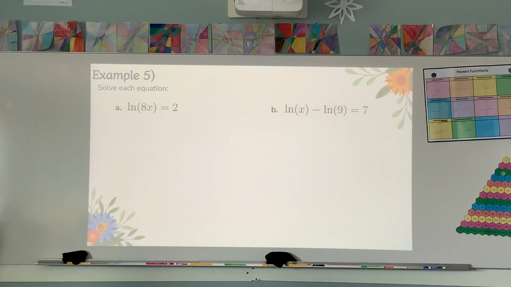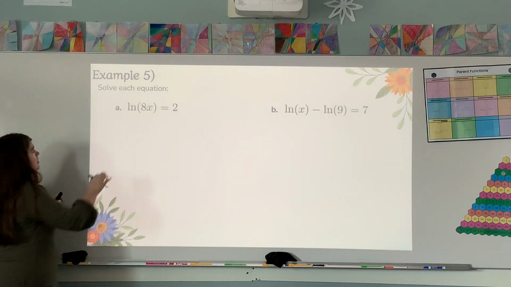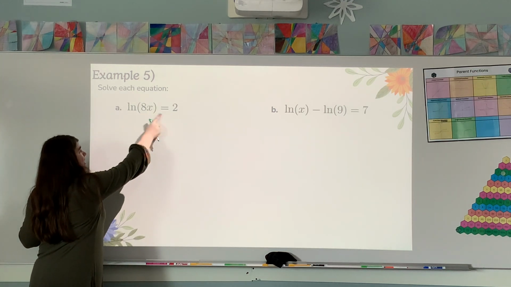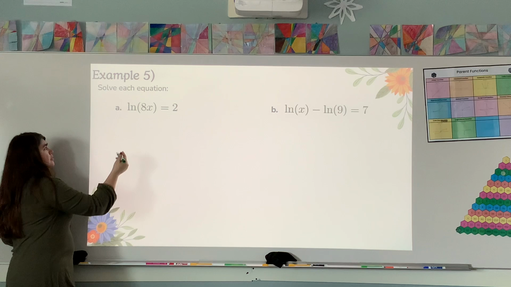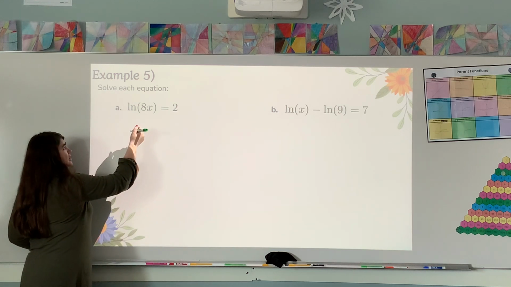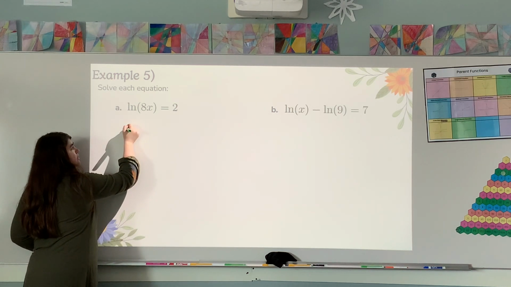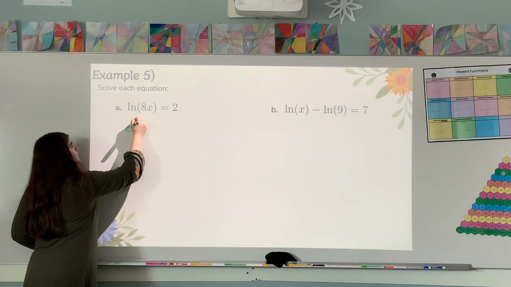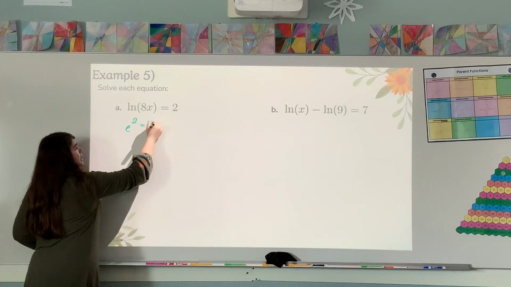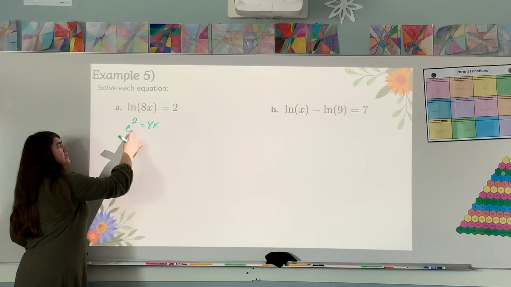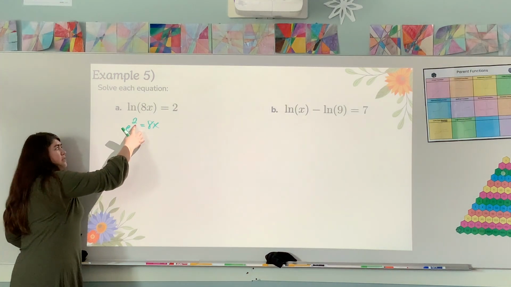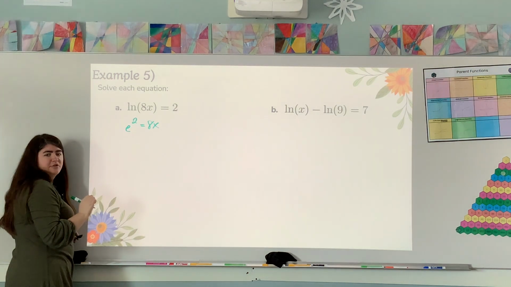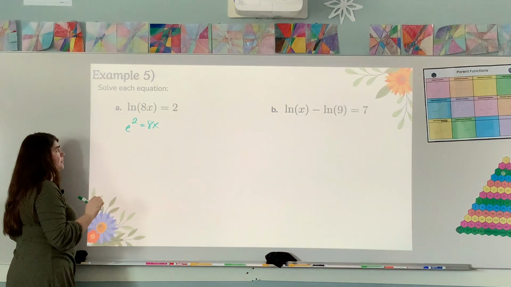So we have the natural log of 8x is equal to 2. So if we BAP the log, we have e to the power of what? 2 is equal to 8x. E to the power of 2 is something that we can solve easily because there's a button for it on the calculator.